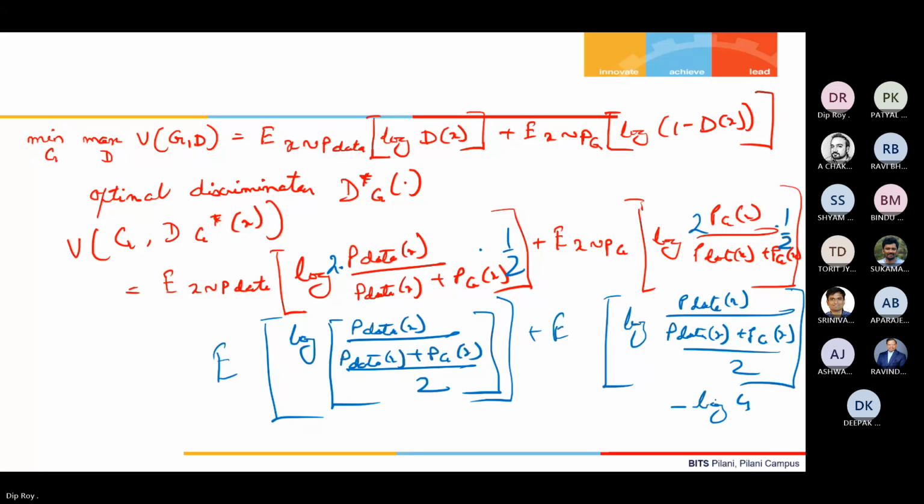Now, what can we write here? We can see that this is nothing but a KL divergence between P data and this particular quantity.